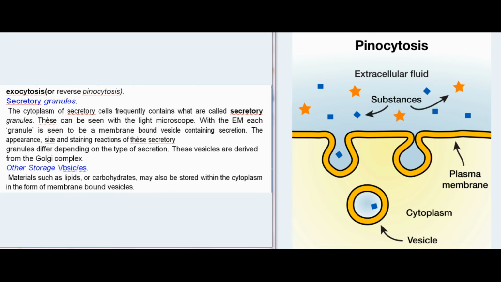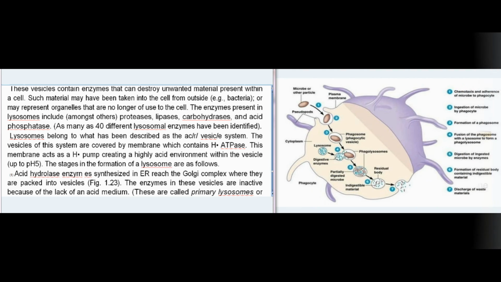These vesicles are derived from the Golgi complex. Other storage vesicles. Materials such as lipids or carbohydrates may also be stored within the cytoplasm in the form of membrane-bound vesicles.